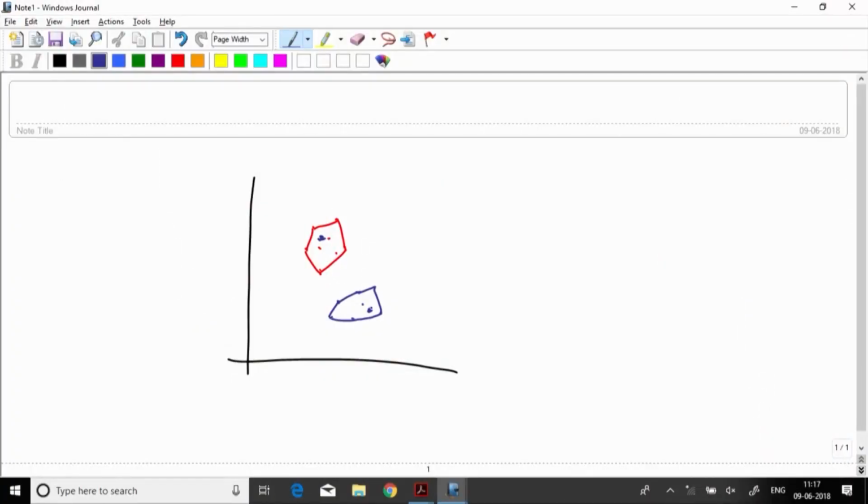And now find the two closest points, one from each class, such that the distance between these two points is the minimum. So you have to find a point from here and a point from here so that the distance between these two will be minimum.